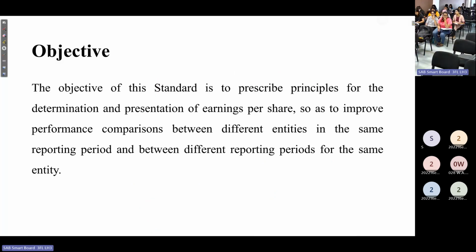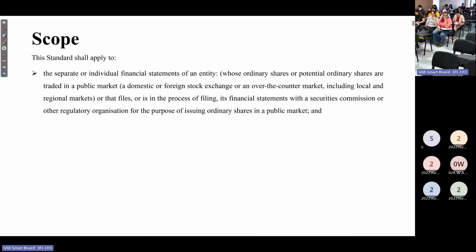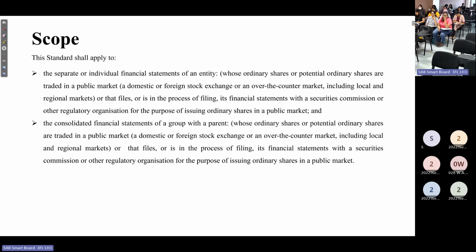Okay. Objective, scope. Write down. Separate or individual financial statements of an entity whose ordinary shares or potential ordinary shares are traded in a public market, this standard would be applied.